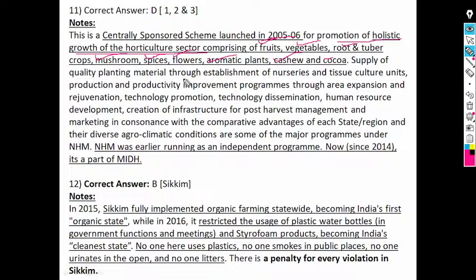Supply of quality planting material through establishment of nurseries and tissue culture units.